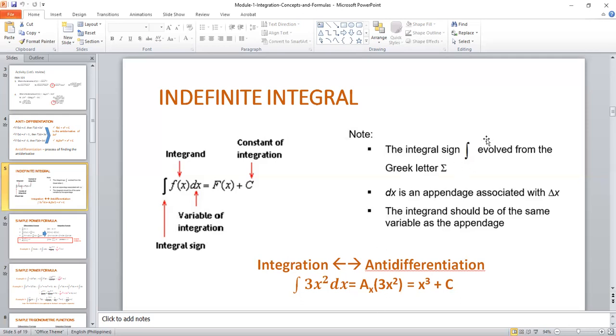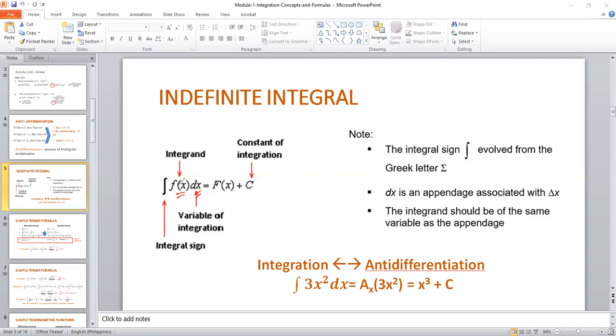So the integral sign, this one, evolved from the Greek letter summation. And dx is the appendage associated with delta x. Delta meaning change, this triangle here. The integrand should be the same variable as the appendage. What does that mean? The variables that you see here in your function should be the same variable that is written in your appendage or in your differential.